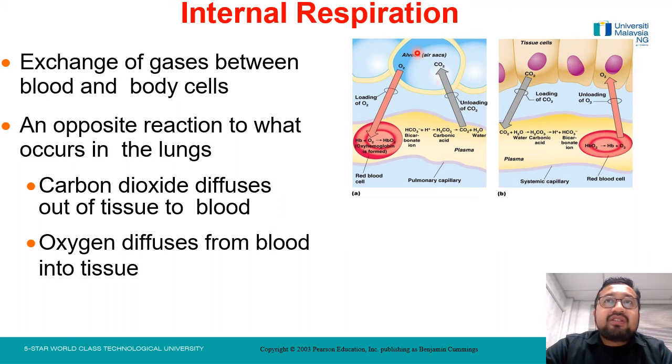By external respiration, the oxygen will go to the blood, while carbon dioxide will be expelled from the blood. While in the internal respiration, oxygen will leave the blood to supply the tissue, and then carbon dioxide will go to the blood, expelled out by the tissue.